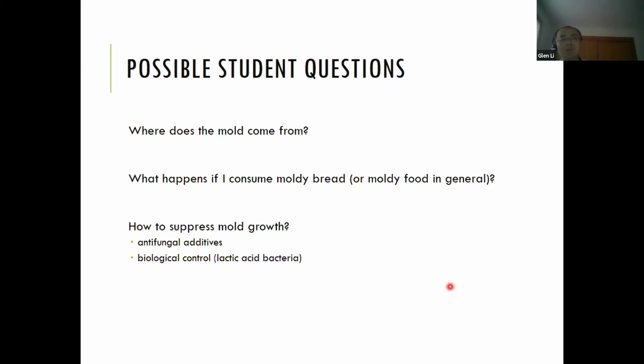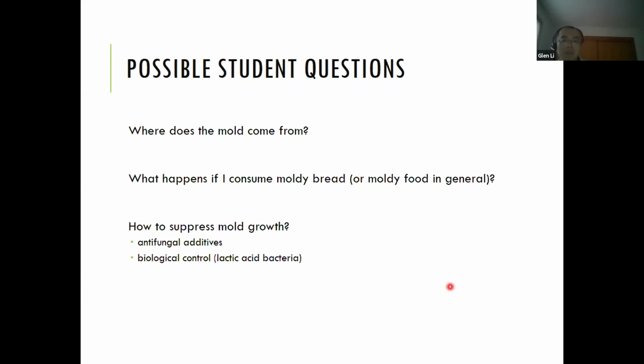So to control molds, you can either add these acids as an additive or just use a sourdough starter. Sourdough starter is actually a combination of lactic acid bacteria and yeast. So both organisms will grow on the bread, and that confers natural resistance against mold growth.